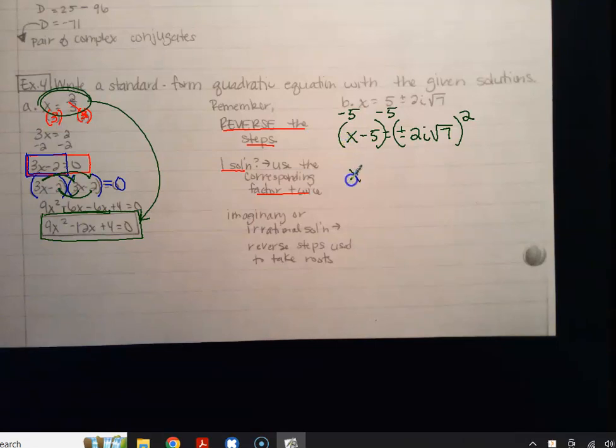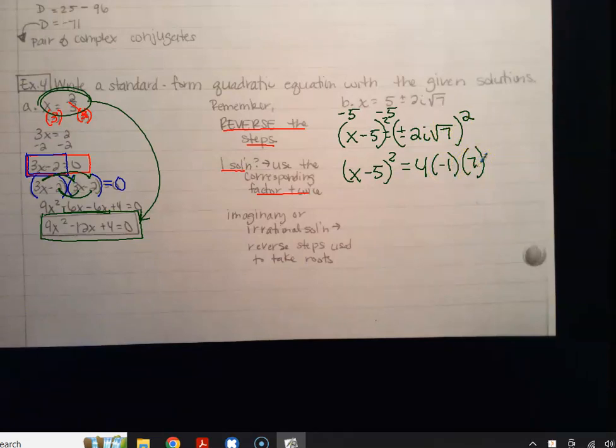So we're going to have x minus 5 squared equals, if we square this, let's think about it. 2 squared is 4, i squared is negative 1, the square root of 7 squared is 7. We squared each part.